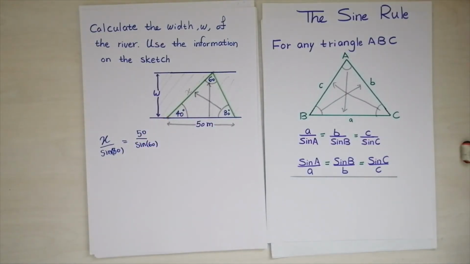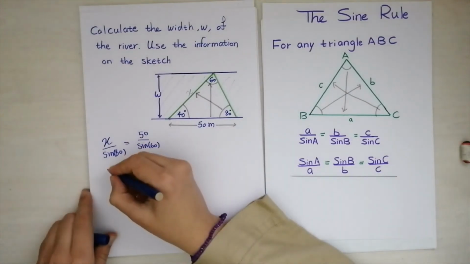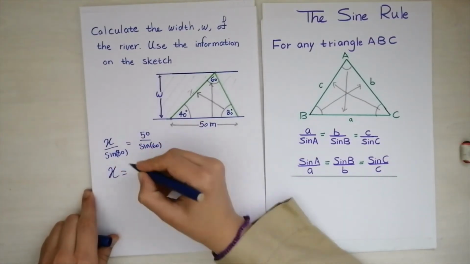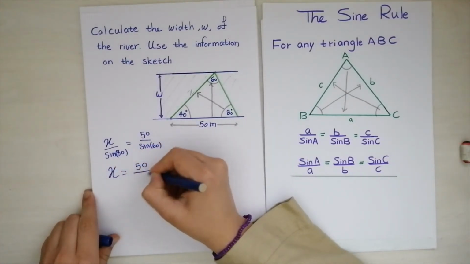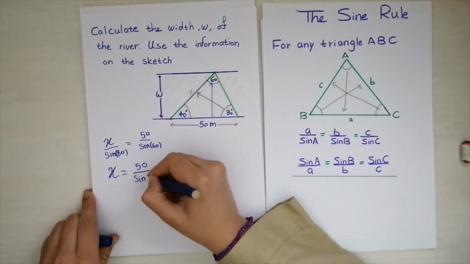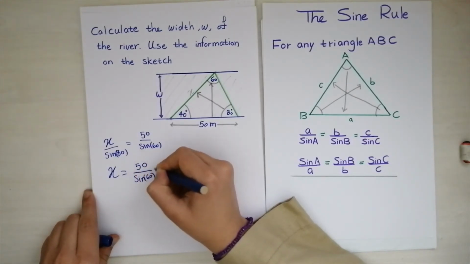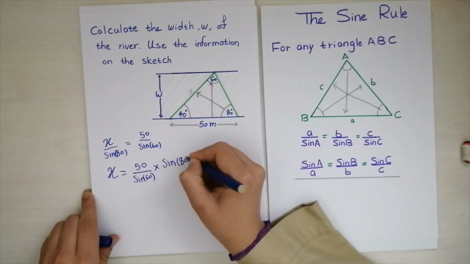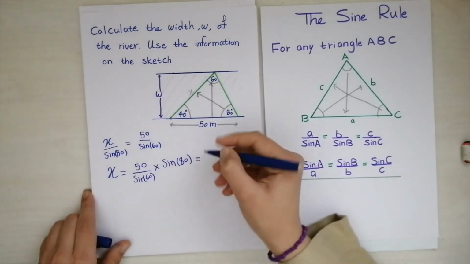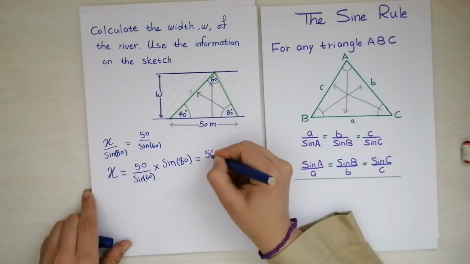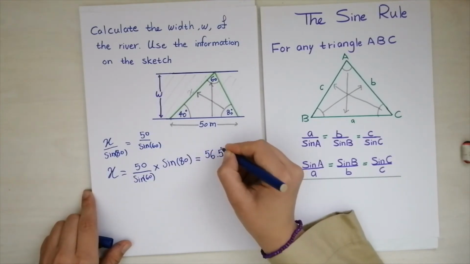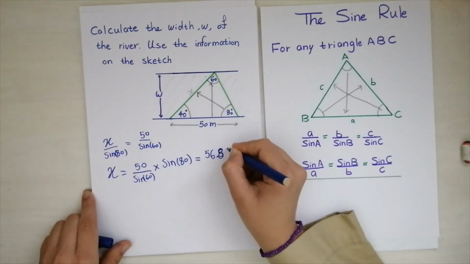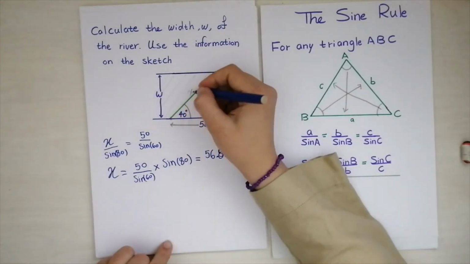With a calculator, x will equal 50 over sine 60 times sine 80. And x will equal 56.85 meters.